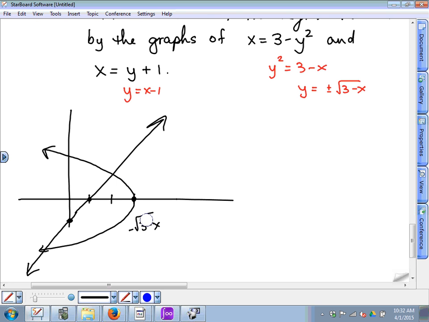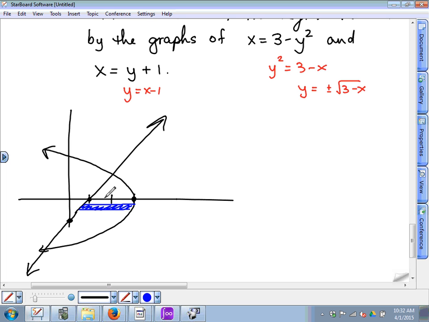There we go. So if we consider horizontal rectangles, okay? If we're going to integrate with respect to y instead of with respect to x, it doesn't matter that this is not a function, okay?